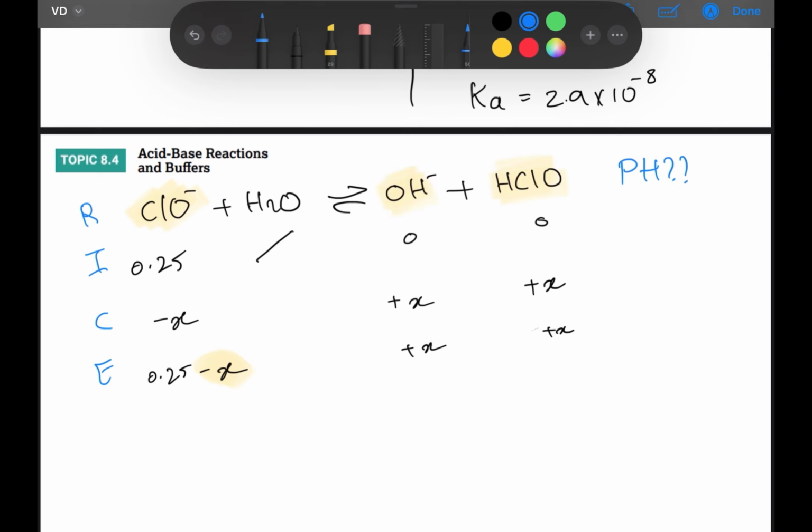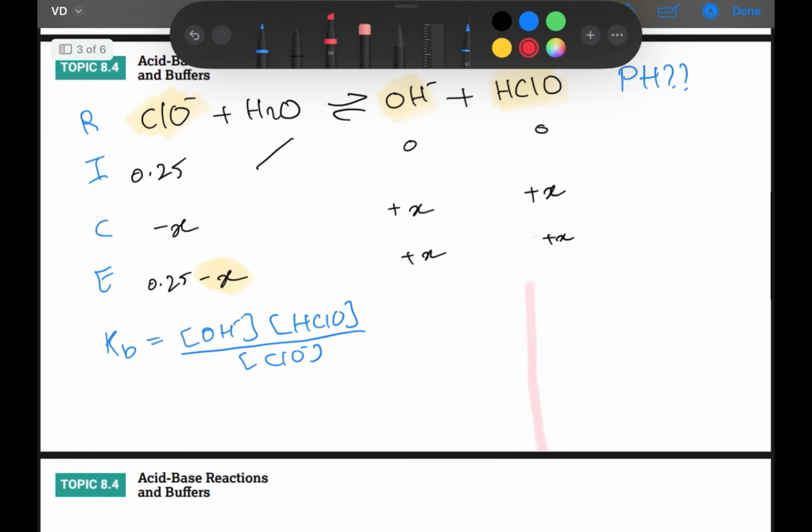We can write the expression of Kb, which equals the concentration of OH negative multiplied by HClO divided by the concentration of ClO negative. But the value given to us is the Ka, not the Kb. So how can I calculate it? There's a beautiful relationship that says Kw is equal to Ka times Kb.